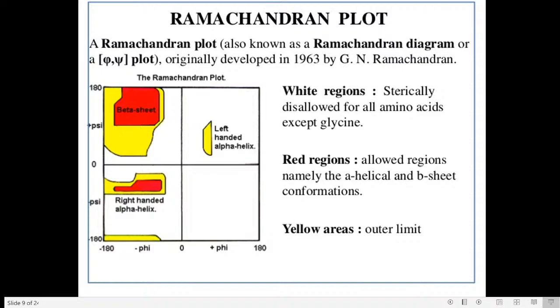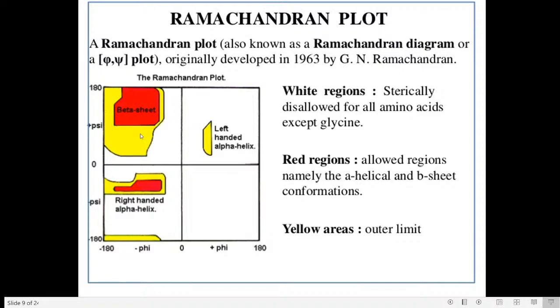So for the beta sheets, if the psi is plus, you can see here psi plus and phi minus, this region carries more beta sheets, which makes some sense in the Ramachandran plot explanation.